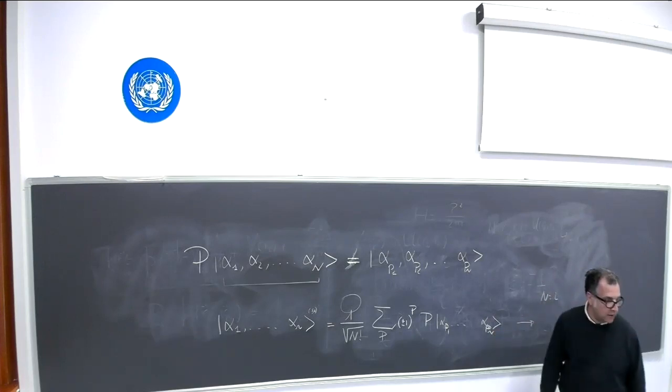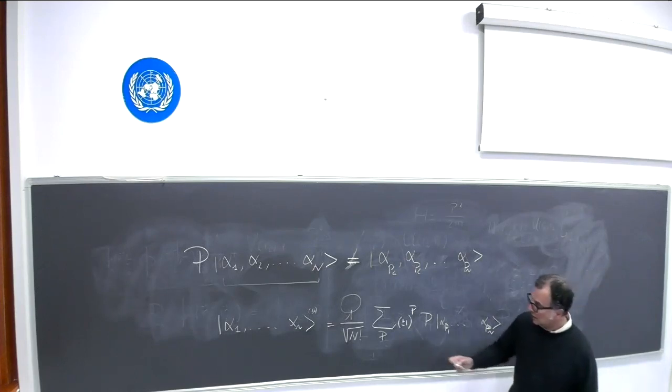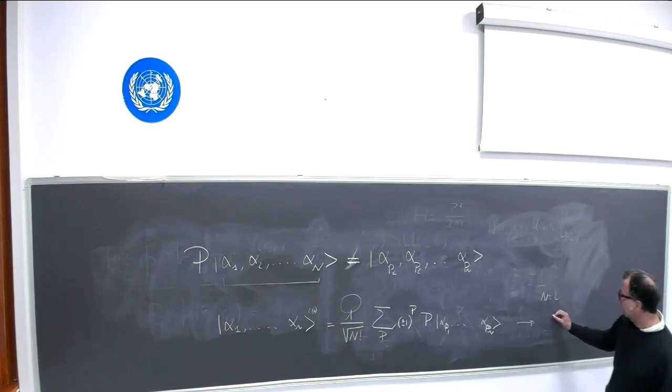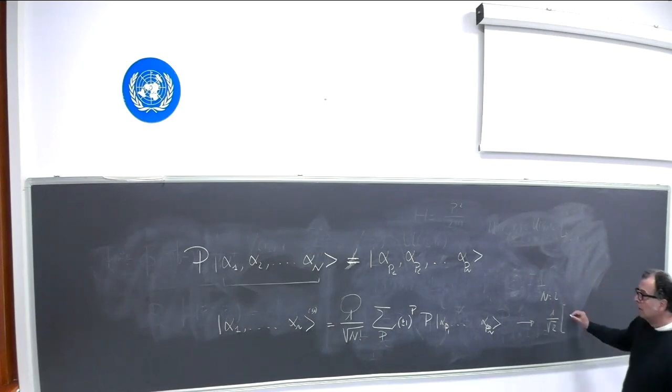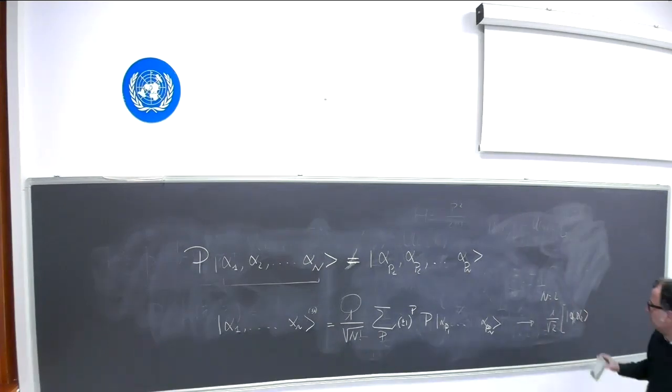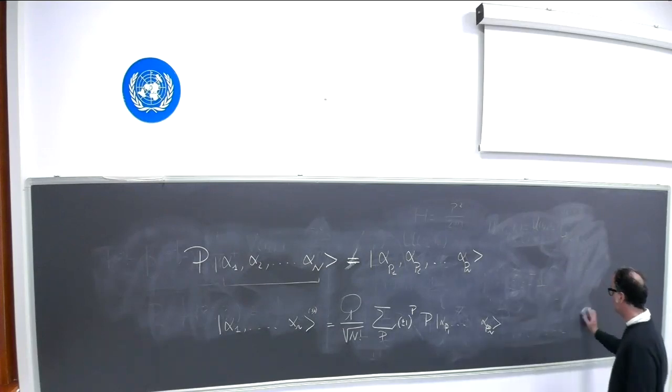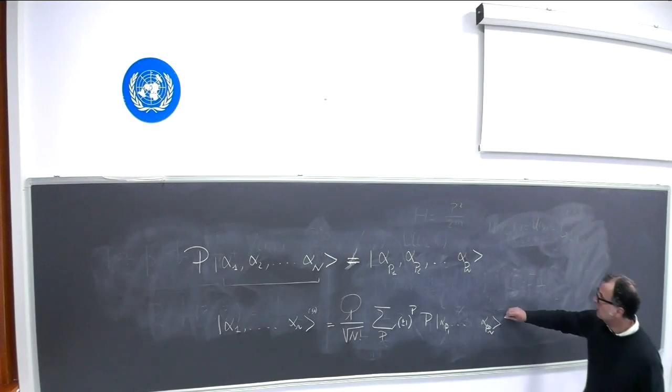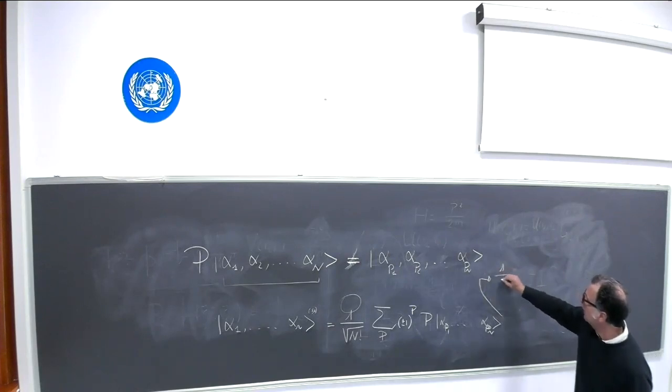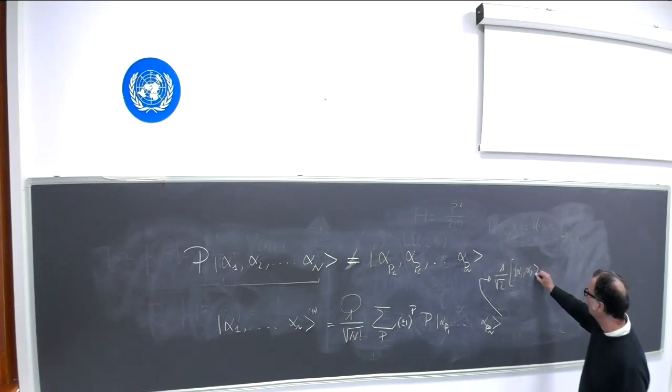How many terms do we have here? Only 2 terms, because n is just 2. So if we have two particles, I have 1 over square root of 2, and then alpha 1, alpha 2.